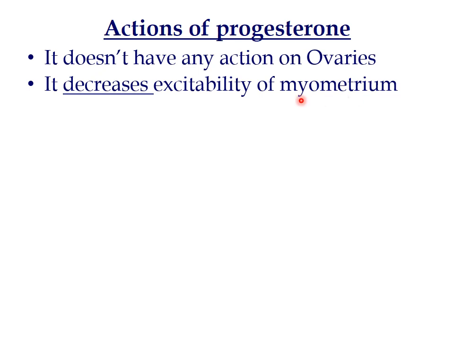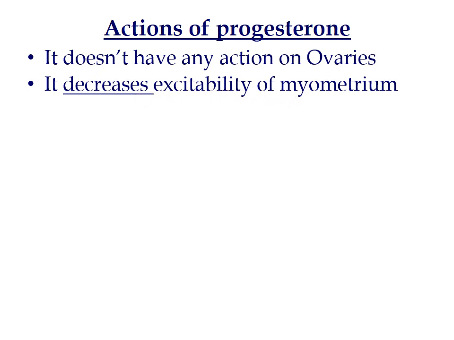Remember, estrogen will also be increasing the number of receptors. What receptors? The number of progesterone receptors on the myometrium. So estrogen itself is a hormone which brings about increased excitability of the uterus, but on the other hand, it is facilitating the action of progesterone.